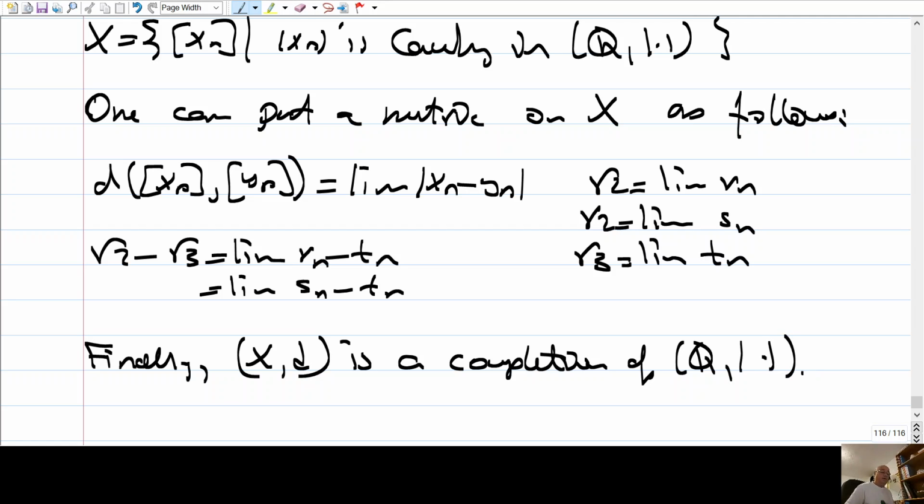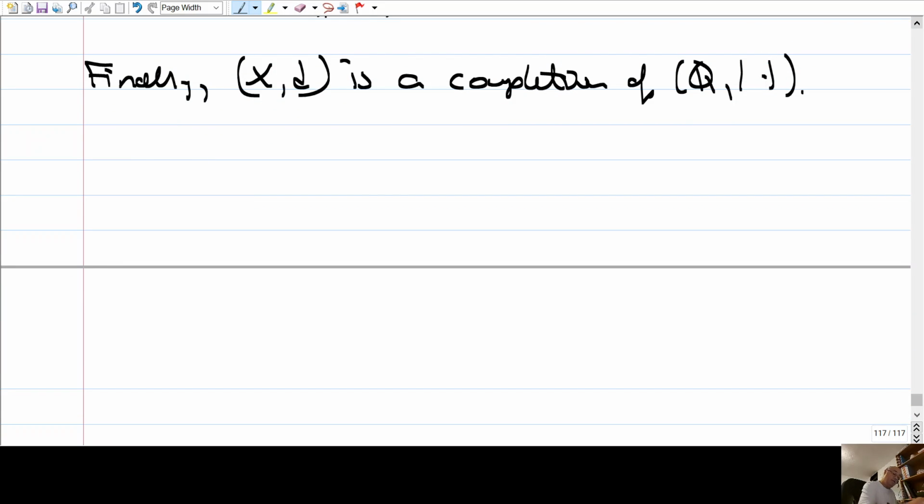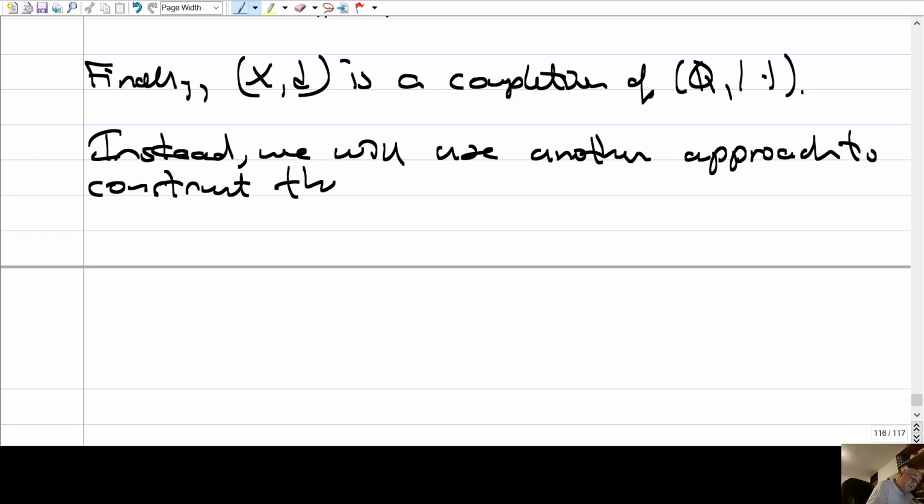Okay. This is one idea. There is another proof. I'll consider that one. It is shorter. So instead, we will use another approach to construct the completion.